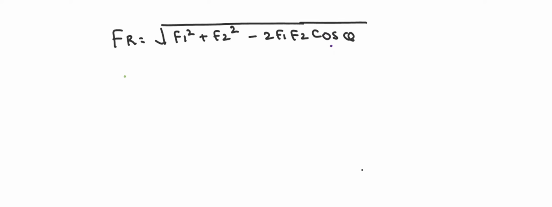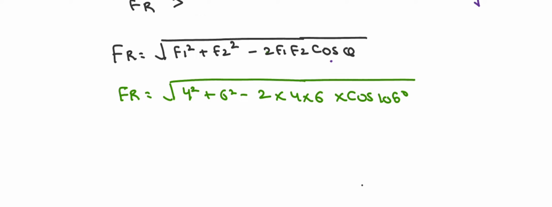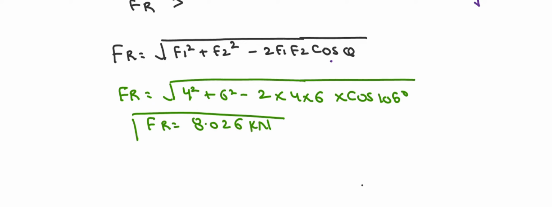So Fr is equal to the square root of 4 squared plus 6 squared minus 2 multiplied by 4 multiplied by 6 multiplied by cos of 105 degrees, the head to tail angle of the 4 kilonewton and 6 kilonewton forces. Now grab the calculator, put the values into it and solve it for Fr. The value of Fr is nothing but 8.026 kilonewton.